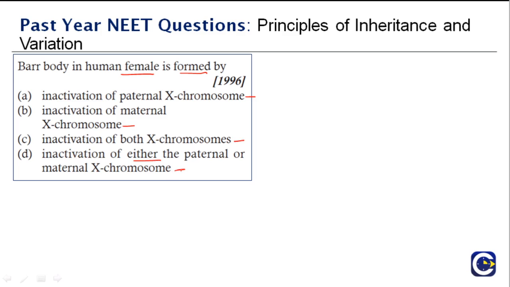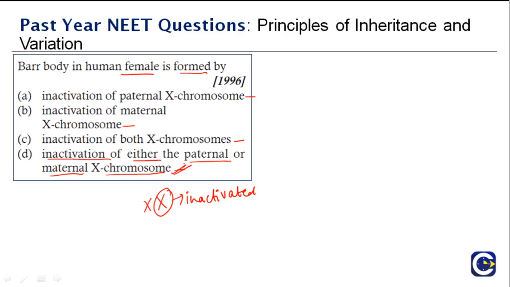So what is a Barr body? Barr body is where in female, you have two X chromosomes. So one of the X chromosome is randomly inactivated. Okay, so what is the right answer? Right answer is Barr body in human female is formed by inactivation of either the paternal or the maternal X chromosome.